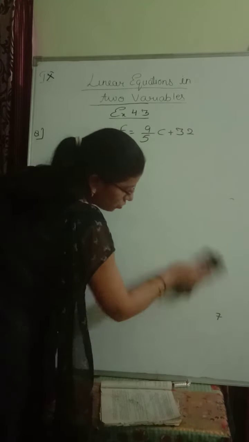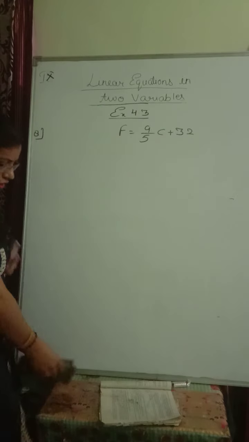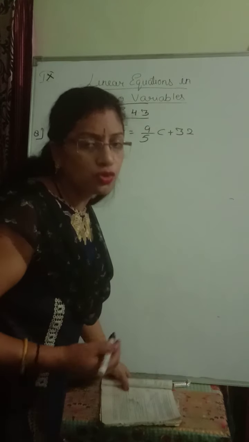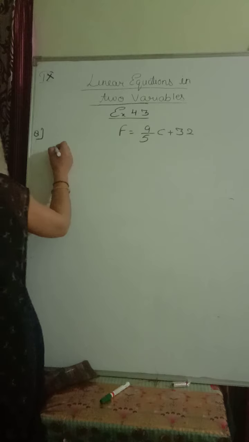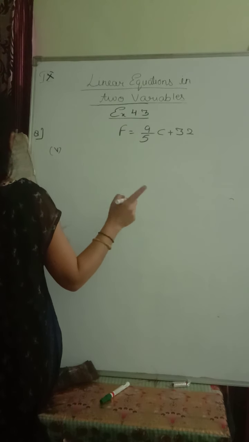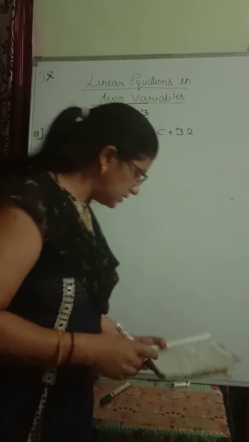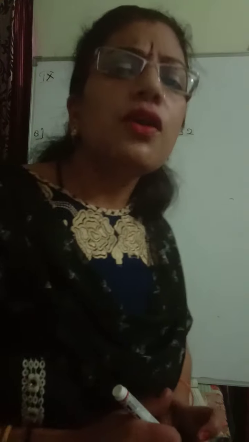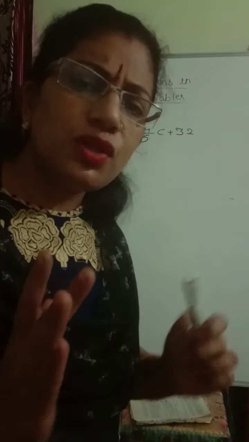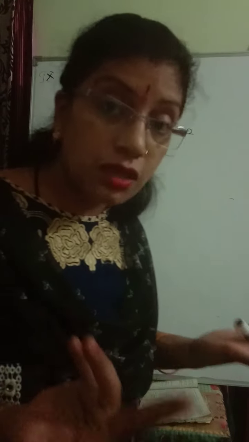Now the last part of this question 8, the fifth one. Is there any temperature which is numerically the same in both Fahrenheit and Celsius? If yes, find it. So they are saying, is there any temperature which is equal in both Fahrenheit and Celsius? If there is, then find it.